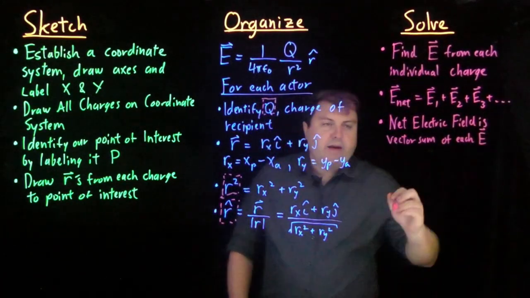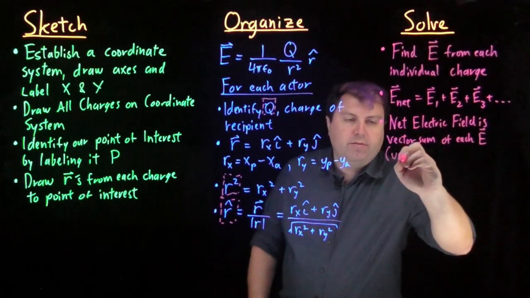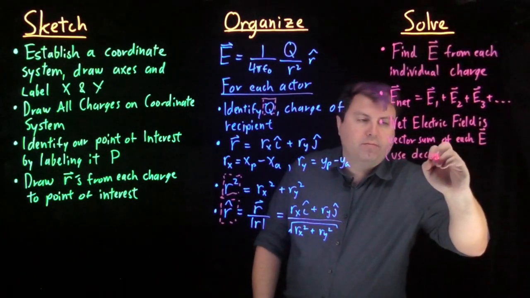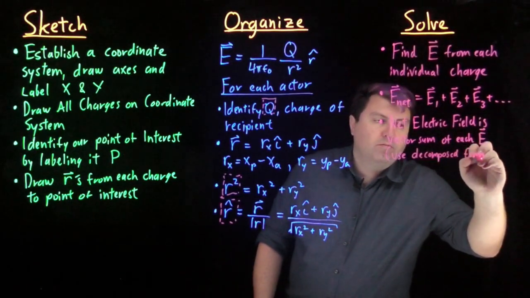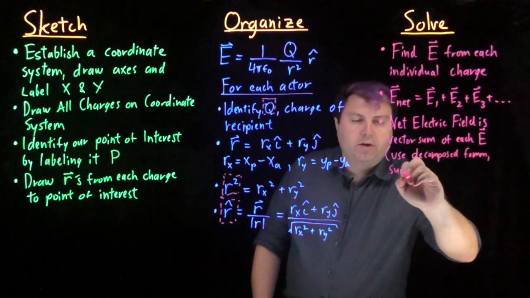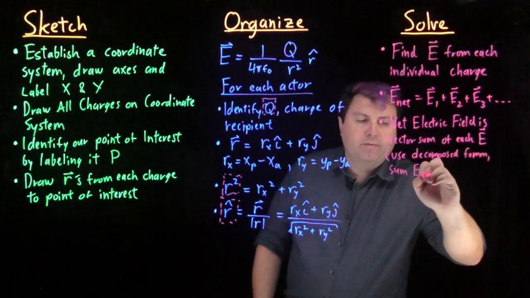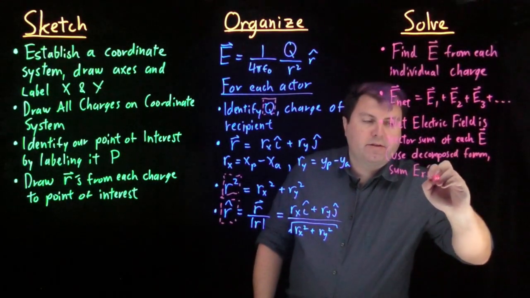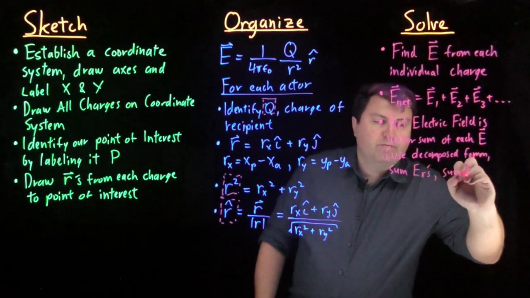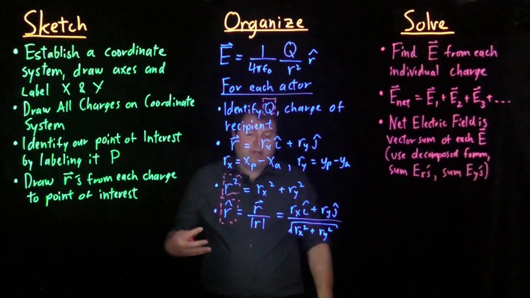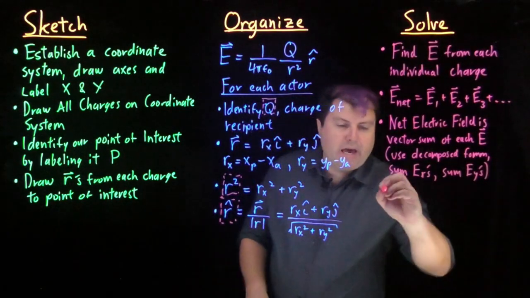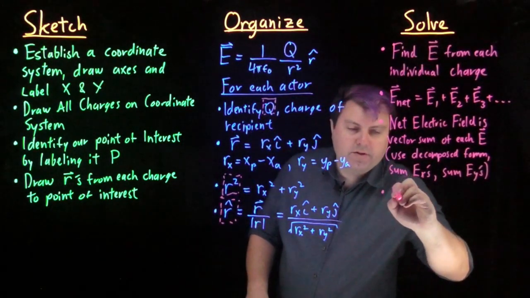And how we can do this is we can use decomposed form, and sum all the Exs, then sum all the Eys. If we do this, then we can use scalar math for this. After we've done that, we want to then, of course, simplify.